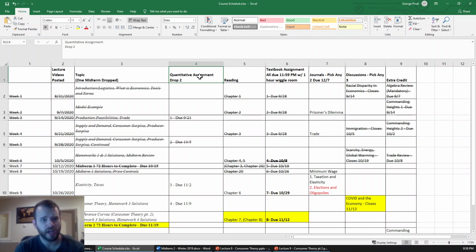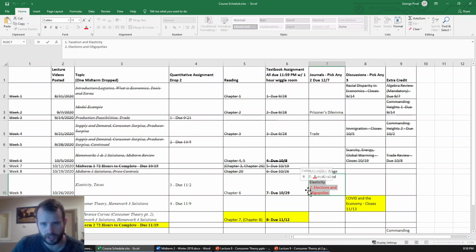So one other thing, I know that I emailed you guys about this, so it's a little stale, but I added this elections and oligopoly journal. It was originally an extra credit assignment. Now it's a journal. What happened was I started writing it and I'm like, this is going well. I like what I'm doing. I think it's interesting for you guys too.